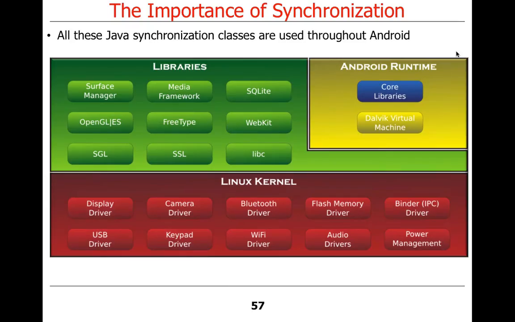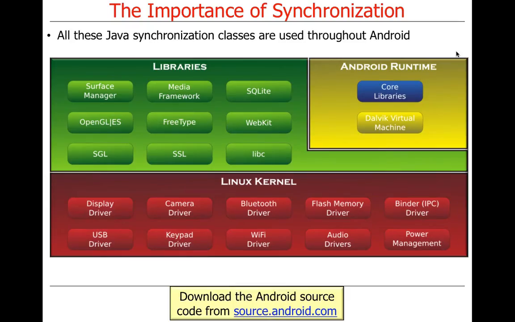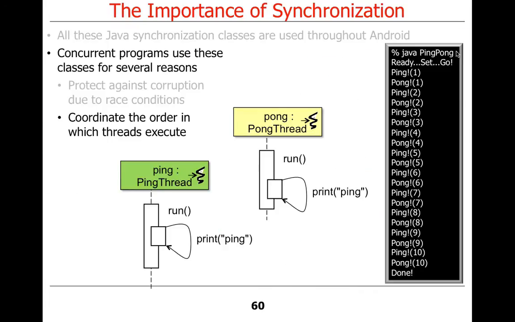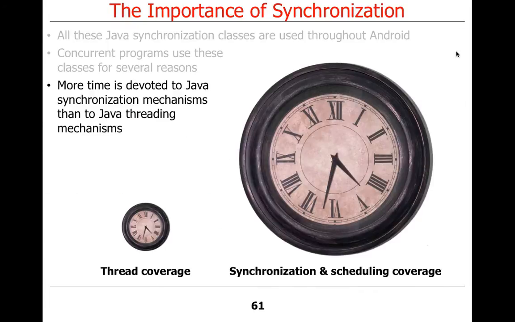As you'll see, synchronization is very important, and we use it for a bunch of reasons we talked about before. Here's the key take-home point from these slides. We're going to spend way, way more time when all is said and done on synchronization mechanisms than we do on Java threading. We pretty much covered Java threads in a short amount of time.